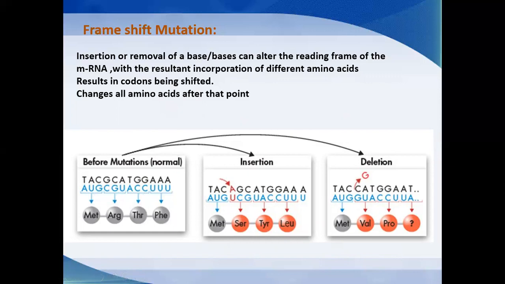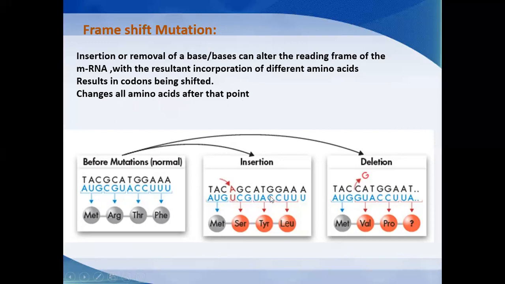For example, in this DNA molecule, a nitrogen base is inserted in between two codons. For example, after TAC, adenine is incorporated into the DNA molecule. The corresponding complementary nitrogen base is added in the transcription process, and we get U. The codon reading frame is different, resulting in codons being shifted and changing all amino acids after that point.